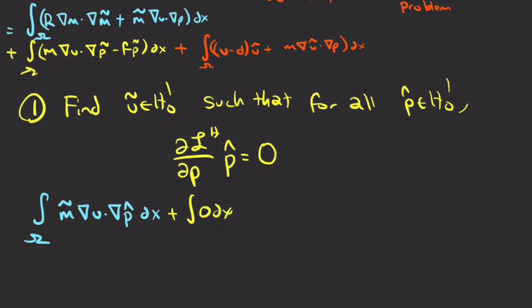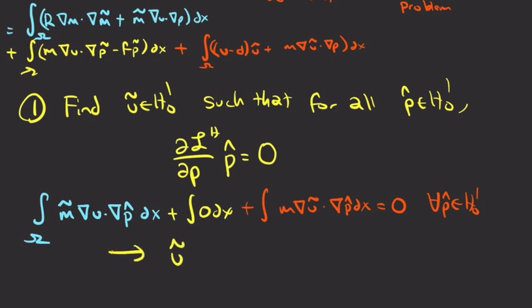All terms die in the yellow equation, and then finally we end with: the first term goes away, u tilde plus L P hat dx equals 0 for all p hat in H01. And then you can simplify that further if you want. But basically, at that point, we have u tilde. It's now a fixed thing that we know.